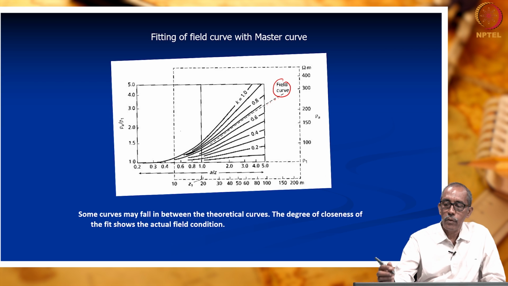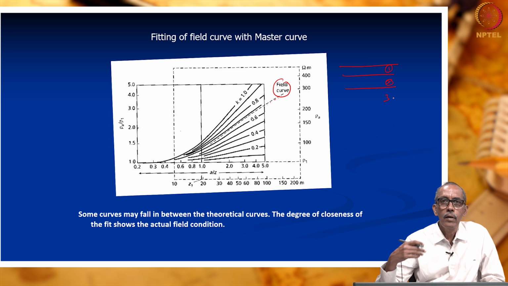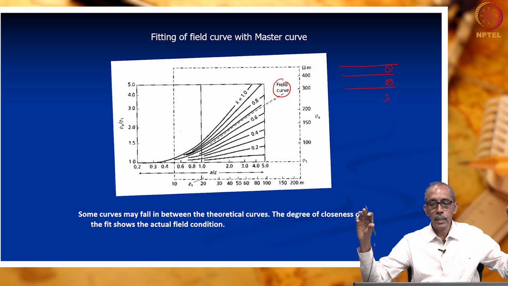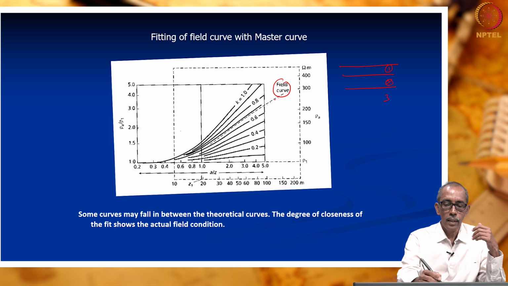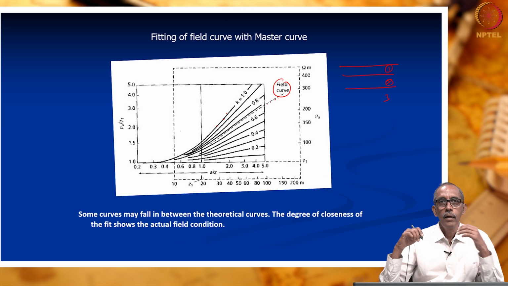Each theoretical curve was derived by assuming certain configurations of subsurface. This is layer 1, layer 2, layer 3. Obviously, all these layers were assumed to be homogeneous and of uniform thickness. Over such a site, if you carry out a Schlumberger survey, what is the apparent resistivity value you are expected to get? Using that, all these black lines were drawn, right.